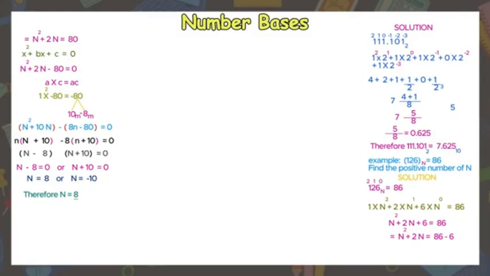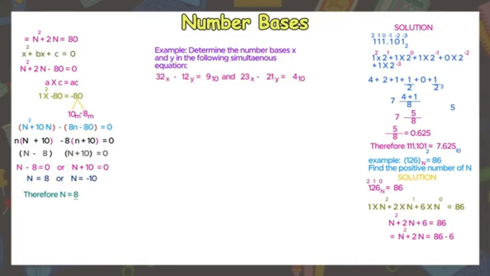Now we are going to look at equations leading to simultaneous equations. I mean number bases leading to simultaneous equations. For example, determine the number bases x and y in the following simultaneous equations. 32 base x minus 12 base y equals 9 base 10, and 23 base x minus 21 base y equals 4 base 10.